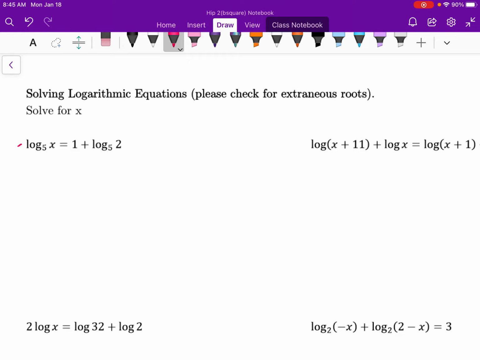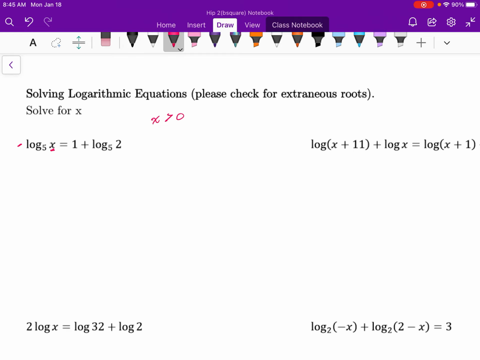So allow me to look at this first question here. The log base 5 of x is equal to 1 plus log base 5 of 2. So what do I look at for restrictions? I look at where my argument has to be greater than 0. Since our argument is just x, x has to be greater than 0.